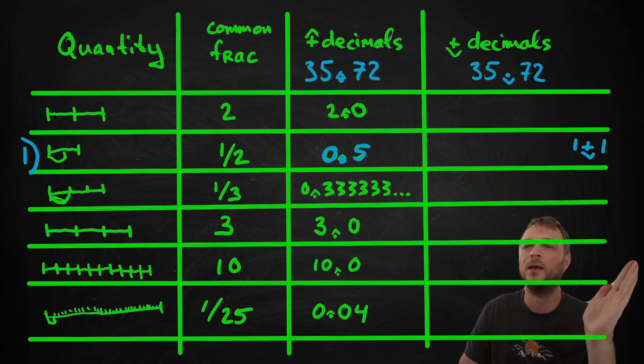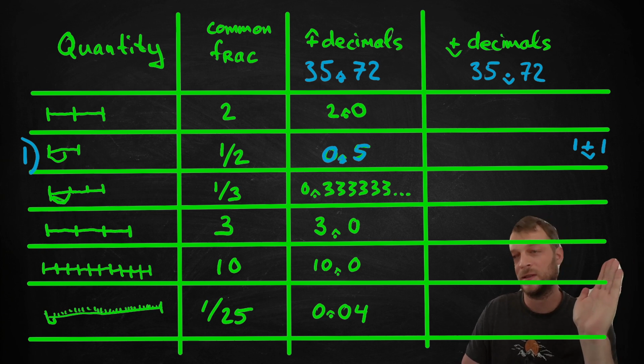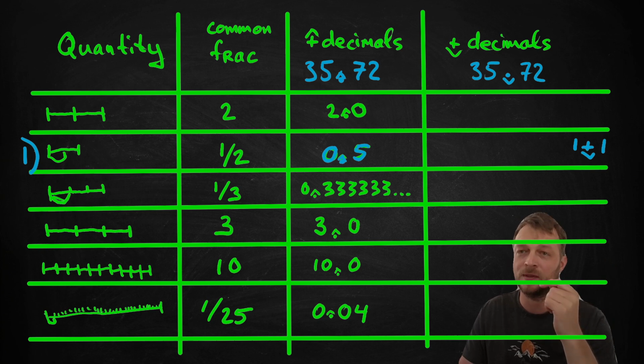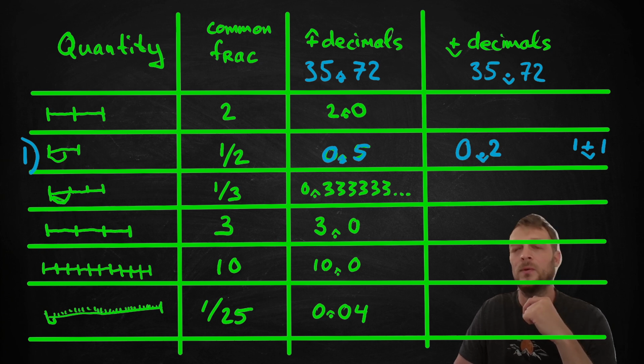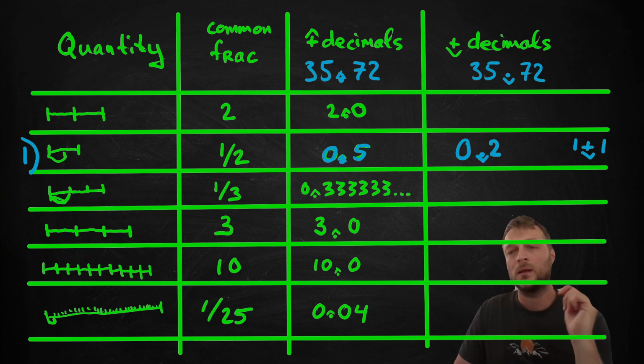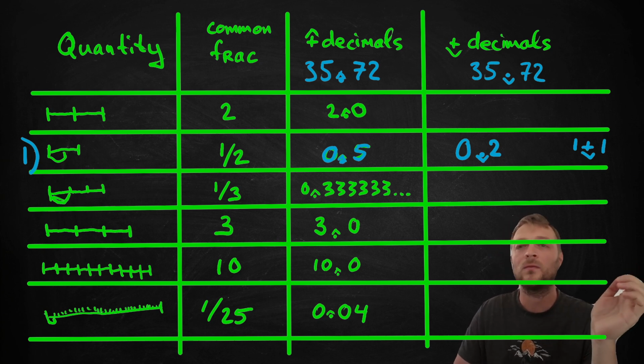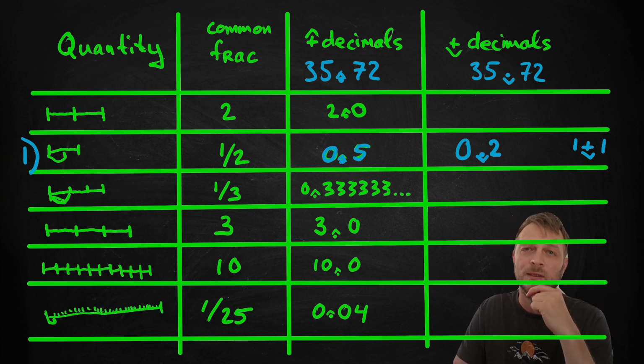Okay, so for the position representing ones, we have 2 of such position. So we have 2. And then I put the dot here, with an arrow down, and I put 0. So ones for standard decimals stay on the left of the dot, right?